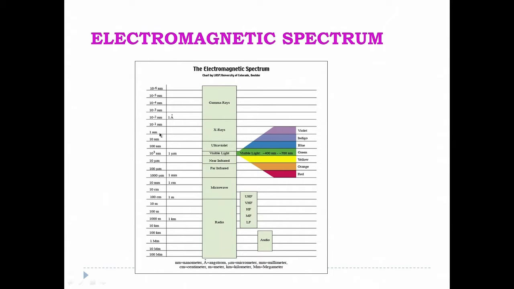After that I have started from 1, 10, 100, 10 raised to 3 nanometer, 10 micrometer, etc. Here the scale changes. We do not call it nanometer anymore, but all are interconvertible.